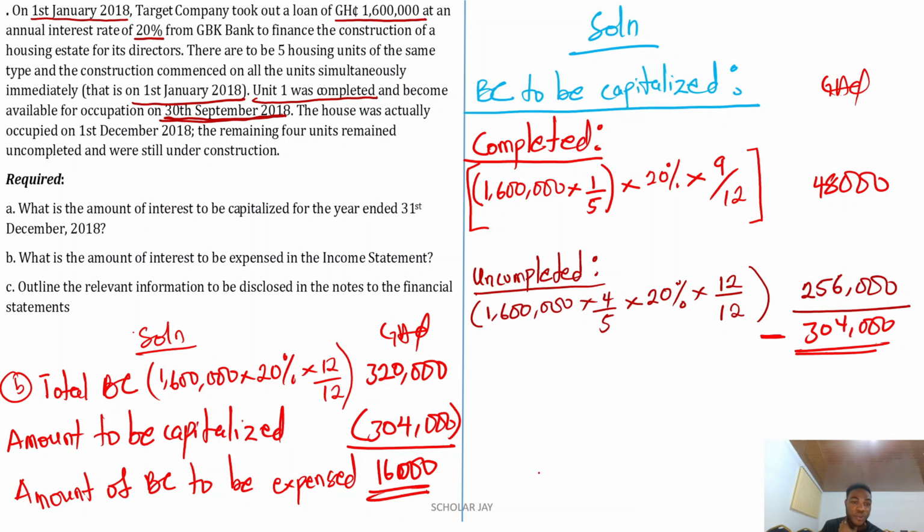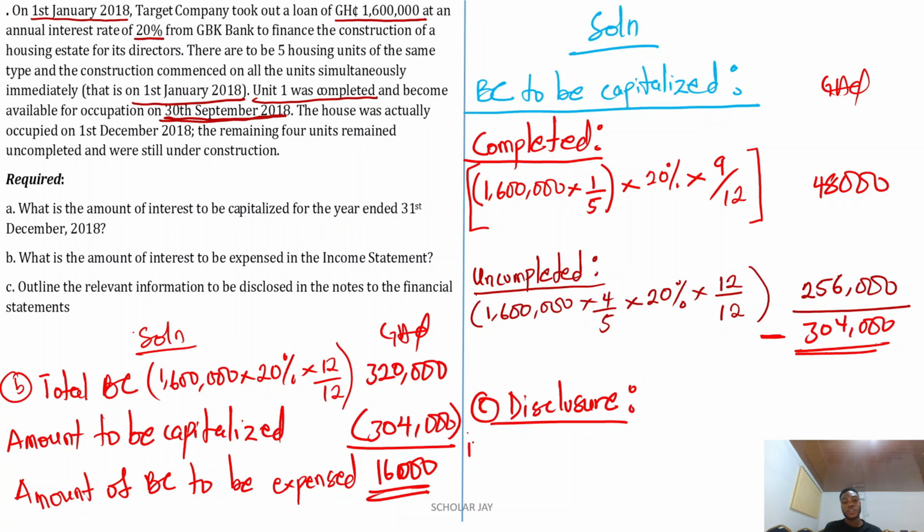C. Outline the relevant information to be disclosed in the notes to the financial statements. If you watched the previous video, I explained all these things. In terms of disclosure, you have to tell us the capitalization rates that you used, and you also tell us how much of the borrowing cost was capitalized.